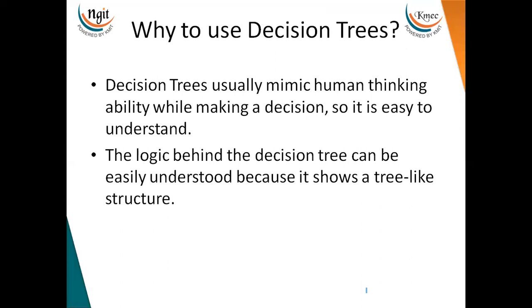And it is very easy to understand because it is a graphical representation. It is a flowchart-like, tree-like structure. Simply by following the path from root node to internal node to the leaf node, you can reach a particular decision, a particular prediction. That's why decision trees are easy to understand, easy to implement, and useful.